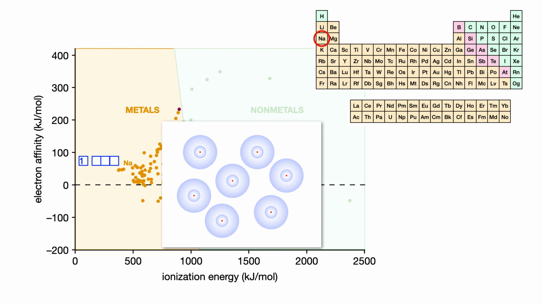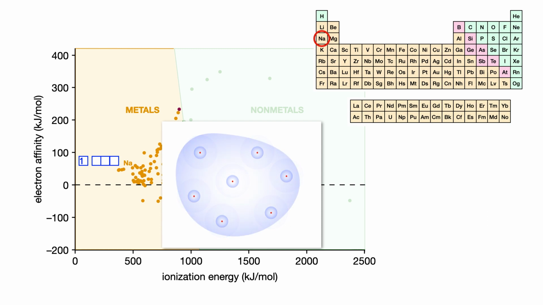And so as the atoms come together, those loosely attached valence electrons can come loose and sort of float around and be attracted by all of the atomic cores.